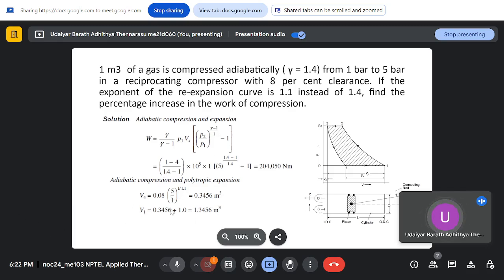So substituting that, we can find out the volume at 4. That volume is 0.3456 meter cube. So V1 is 1.3456 meter cube.